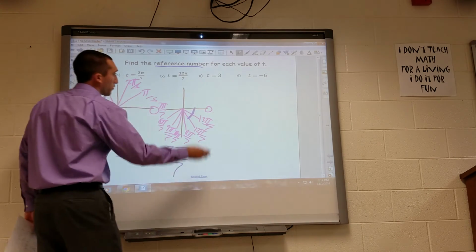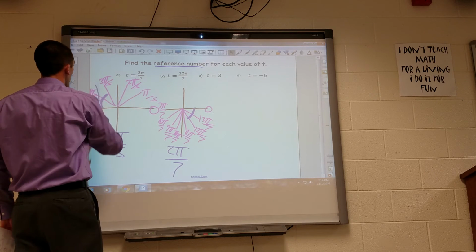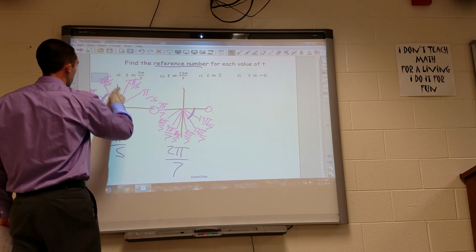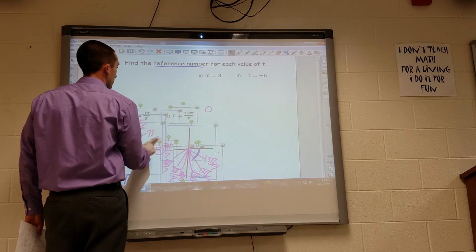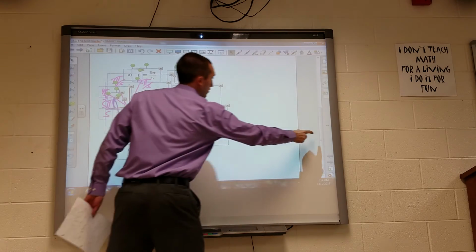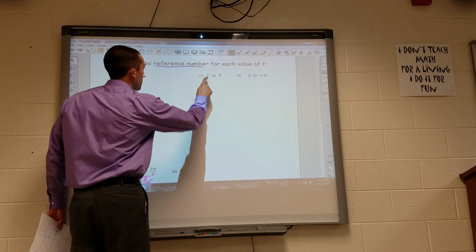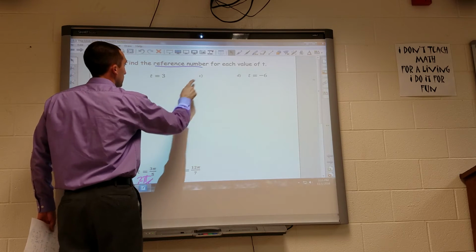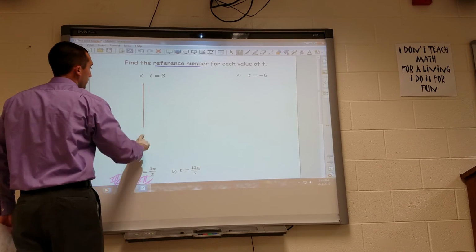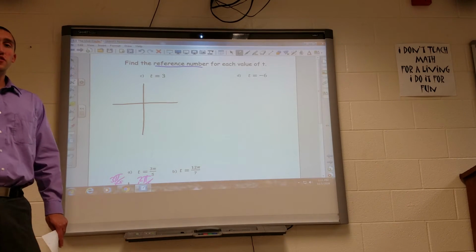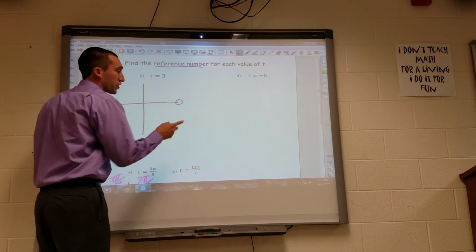Now they've given us some numbers, and I'm going to move these guys down so we can fit right up here. So again, we have our axes. These are just in radians already. So if you want to think of it, this is 0 radians.